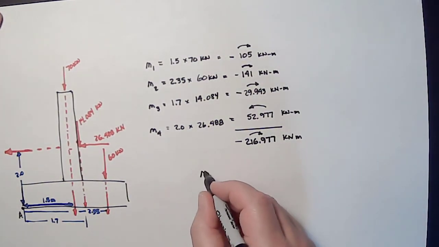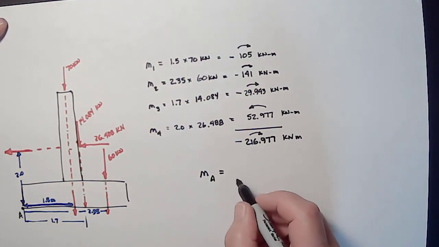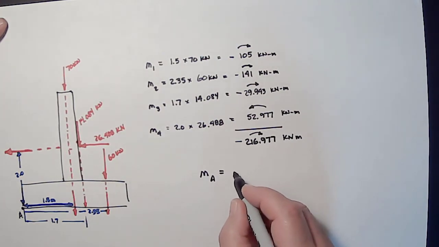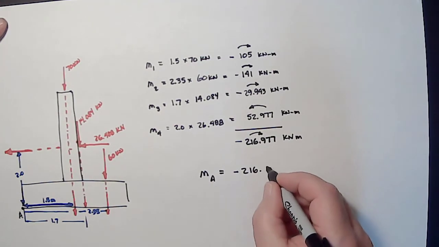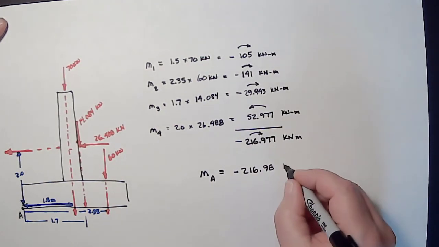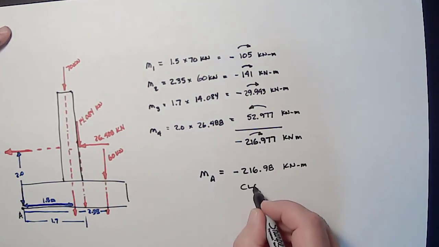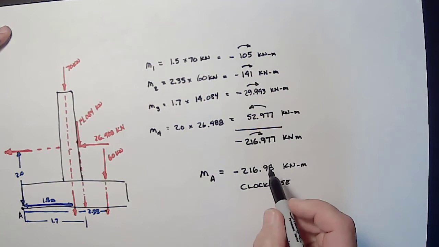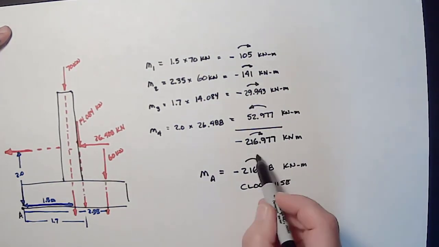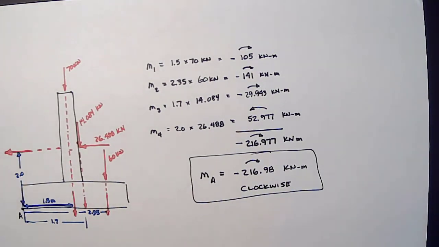So my total moment about A, and I'll round this down, is negative 216.98 kilonewton meters, and that's clockwise. And I always draw the little arrow in so I know what direction it is. And that is my final answer.